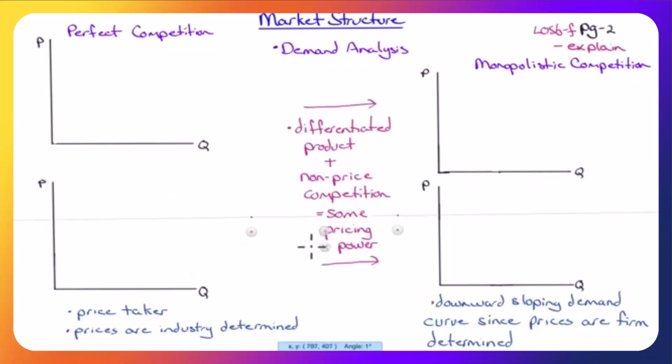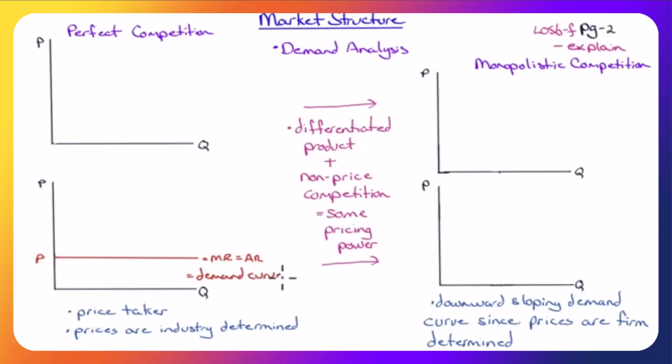So let's draw out our demand curve for perfect competition. We know that the firm, as we see along the bottom, is a price taker. Prices are industry determined. So we get a horizontal demand curve. Our price will also equal our marginal revenue, which will equal our average revenue, which is our demand curve. And our demand curve is infinitely elastic.